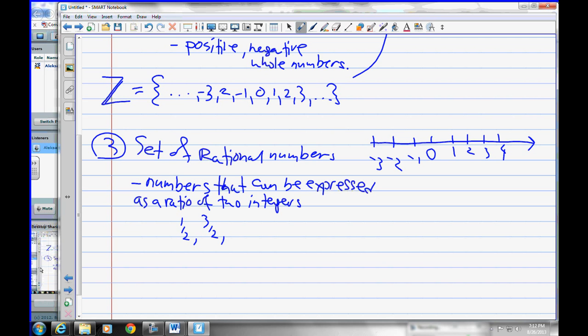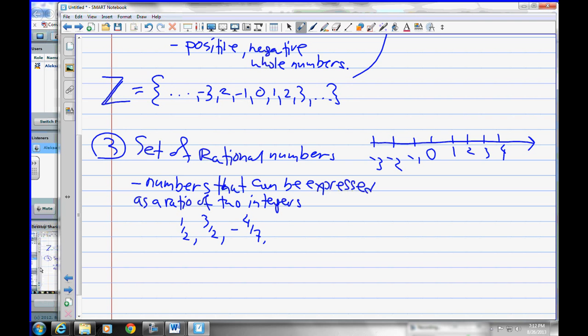Can it be negative? Yeah, sure, because it says ratio of two integers, and integers can be negative, so I can have a negative 4 sevenths, right? That's rational. And you see, now I'm really ignoring the order, I'm just throwing them in. This is nice. I don't have to put them in order.